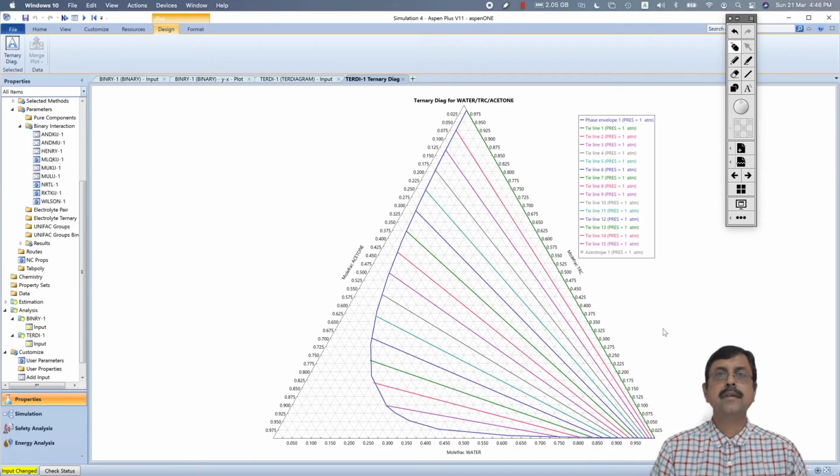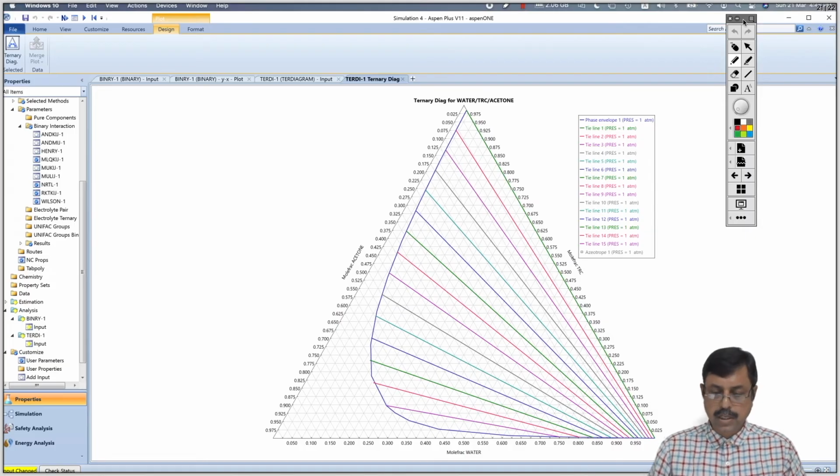In that case, inside the extractor, it was truly an equimolar composition. Equimolar composition means the location of composition will be somewhere here, because here it is equimolar point.